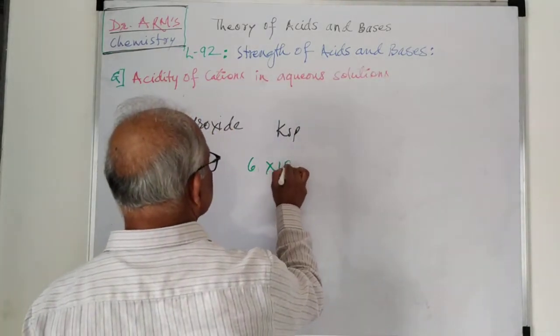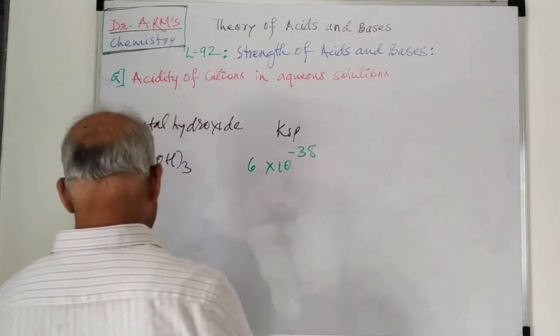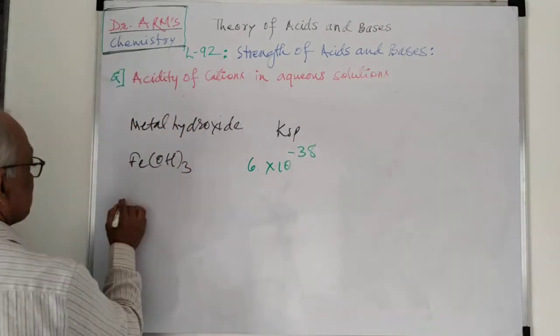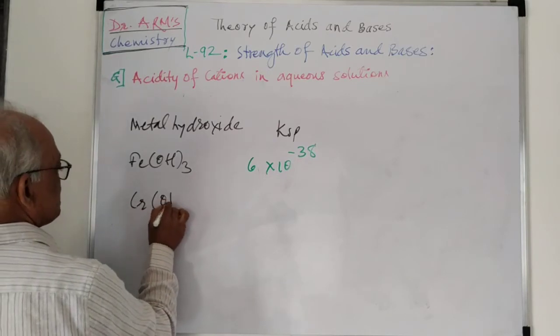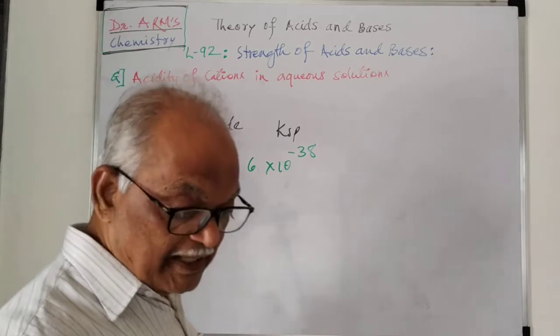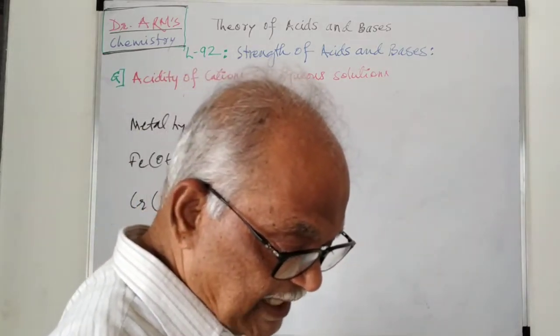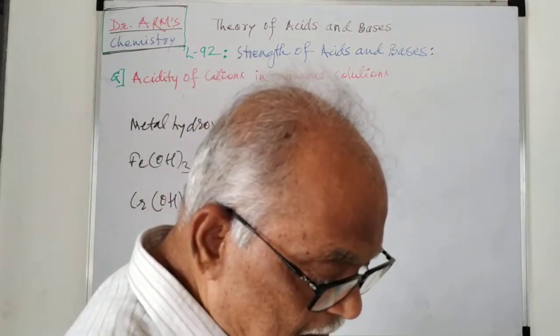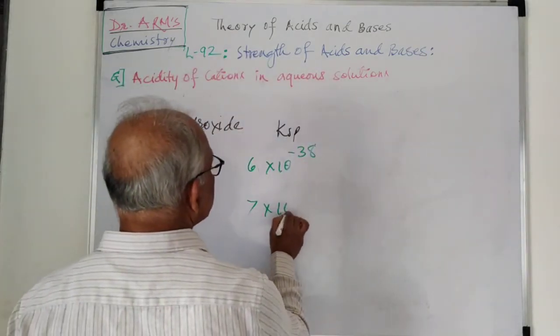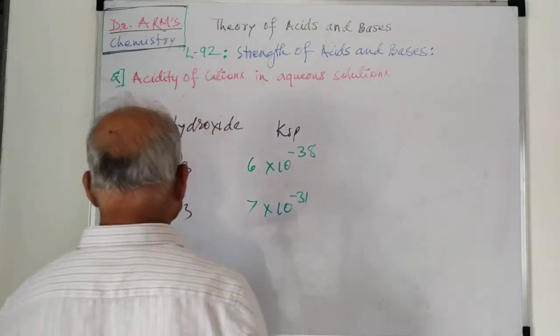Then another hydroxide, Cr(OH)3. Its Ksp value is also nearly the same. It is 7 into 10 raised to minus 31.